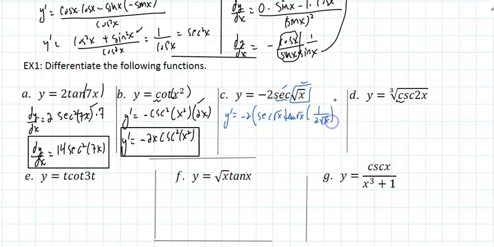It's worth memorizing that the derivative of square root of x is 1 over twice the square root of x. This is a fine answer on a test. For the homework, you need to clean that up. y prime equals negative secant of radical x tangent of radical x all over radical x.